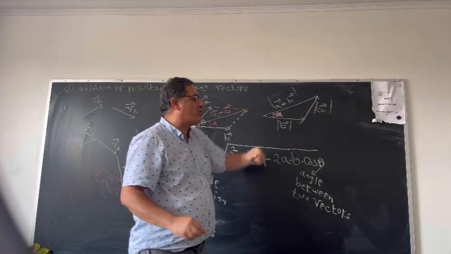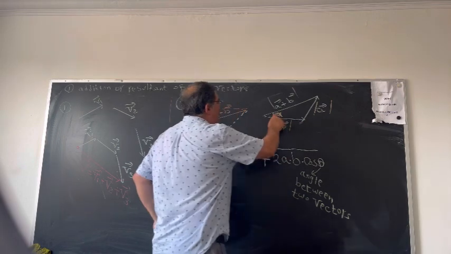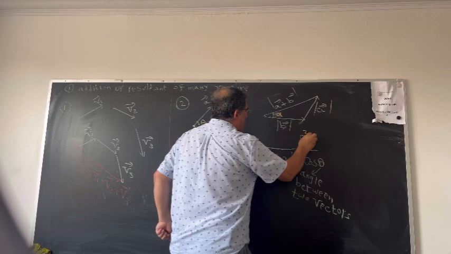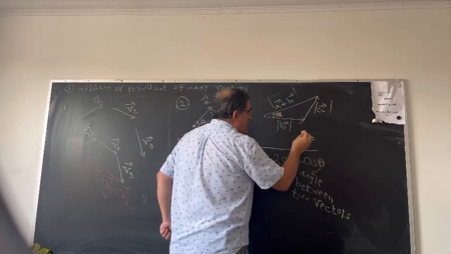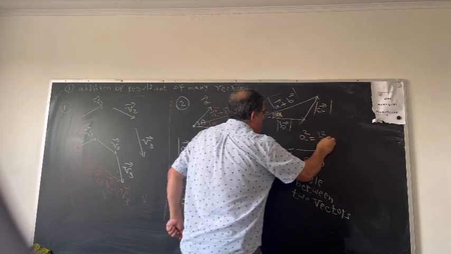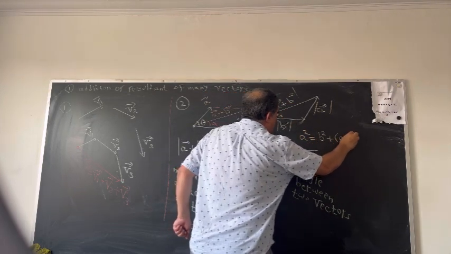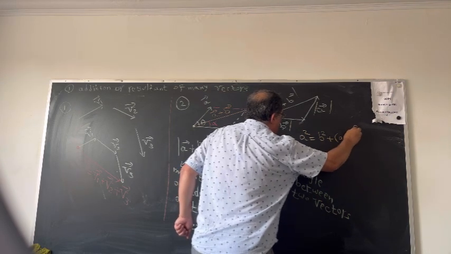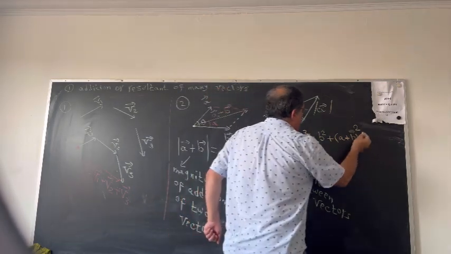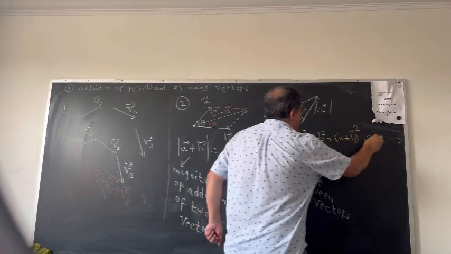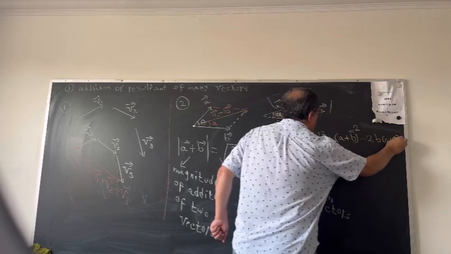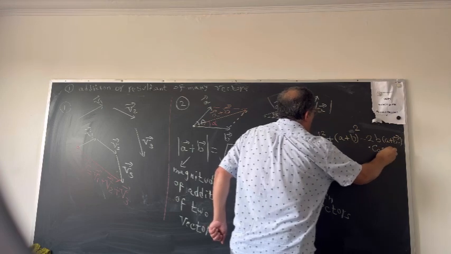Side A. So you write A square, magnitude, is the square of the two other sides, B square plus the square of A plus B as a vector, minus 2 times one of the vectors, first vector, times the addition of the two vectors, times cosine alpha.